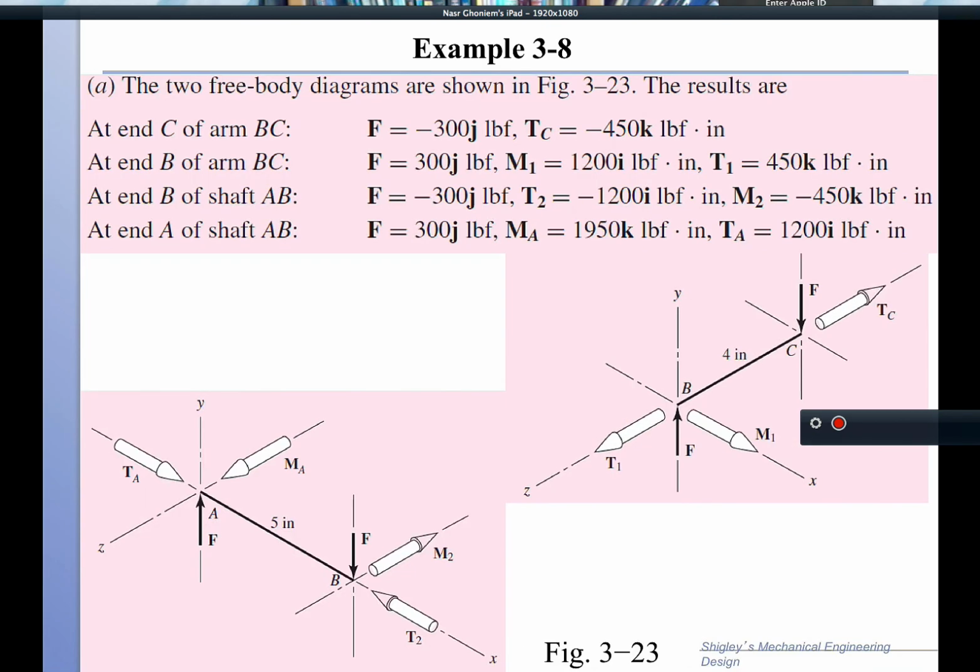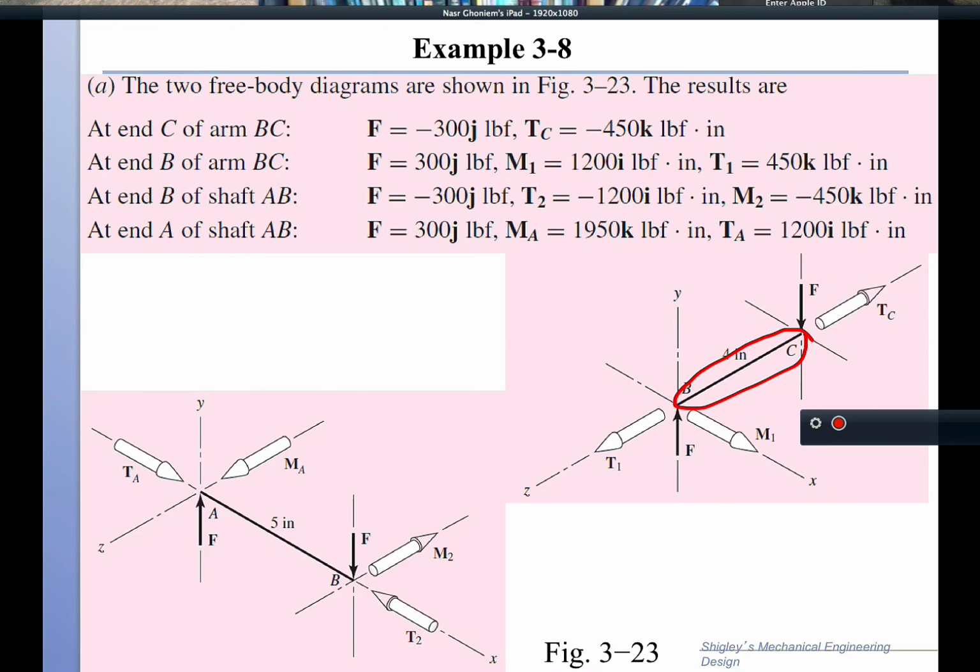In the free body diagram, I'm going to break it into two parts. The cantilever BC is represented here by a straight line, and we have to be careful with the coordinate system.